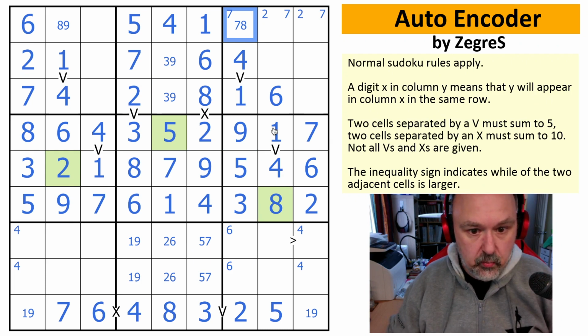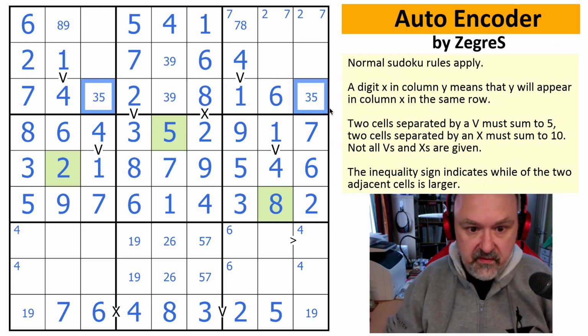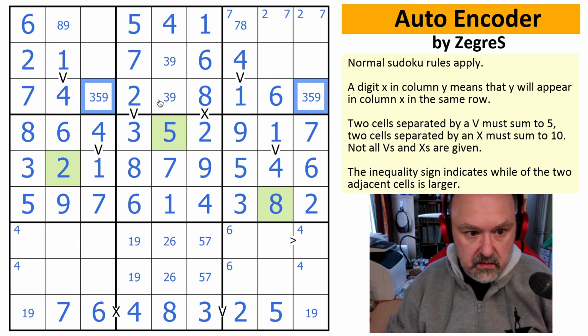What else can we do? So these digits are 3, 5, and 9. This is an interesting one.